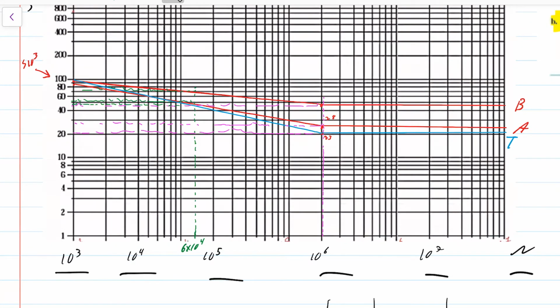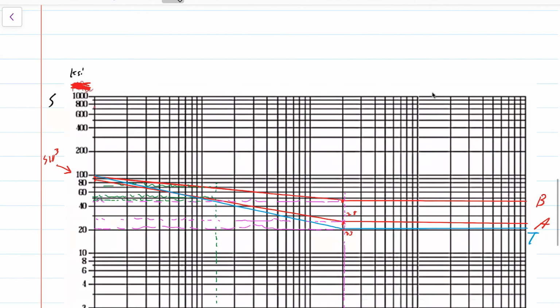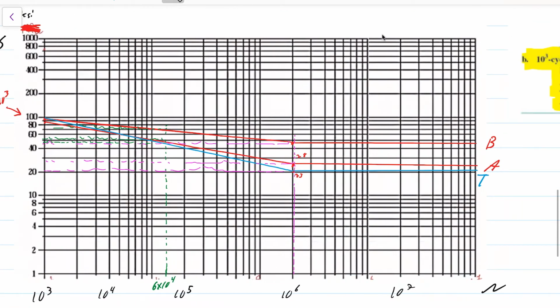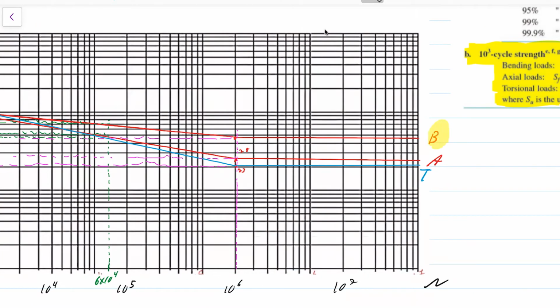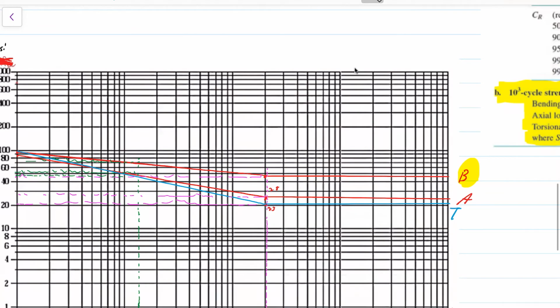With the log-log scale, we first have to write down the values of the scale, starting at 10 to the 3, then 10 to the 4, 5, 6, and 7. You don't need to go past 7. We'll start with bending, looking at 10 to the 6.